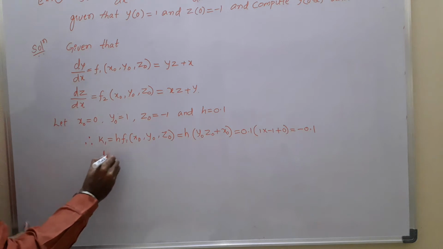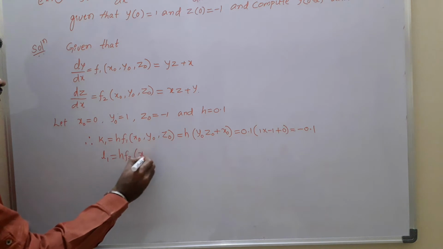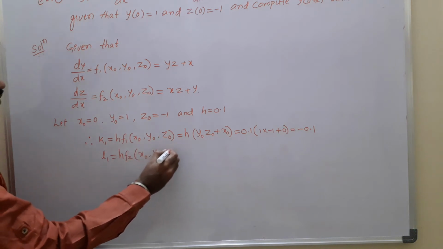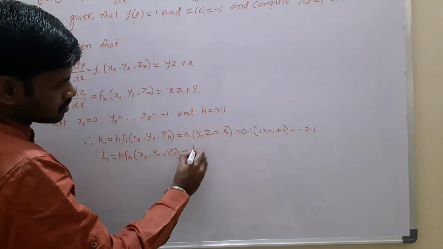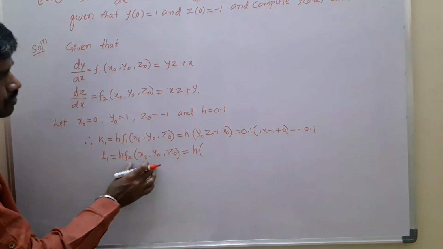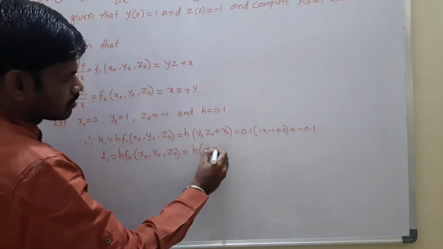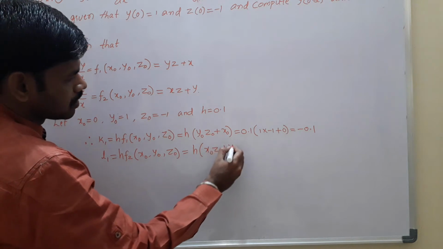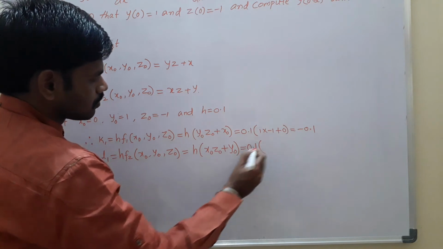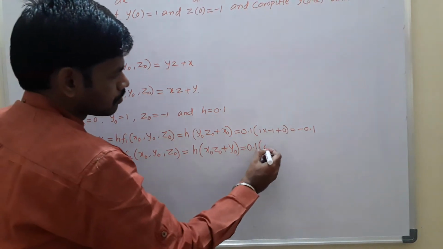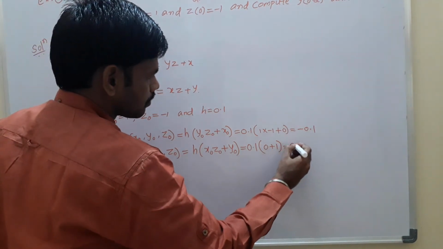And L1 equal to h into f2(x0, y0, z0), that is second function x0 z0 plus y0, that is 0.1, x0 is 0 plus y0 is 1. So we get the value plus 0.1.